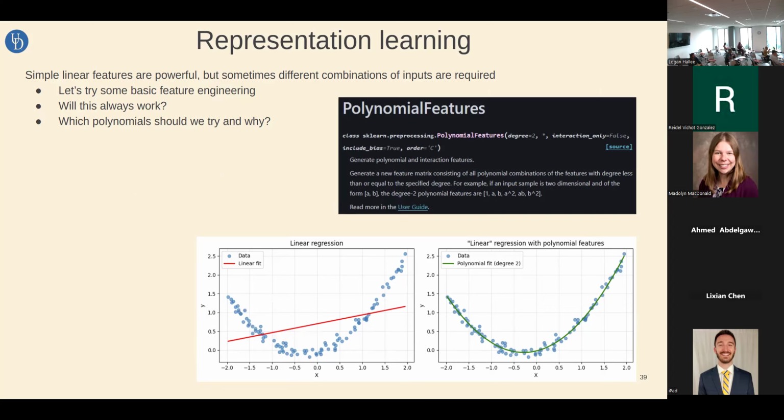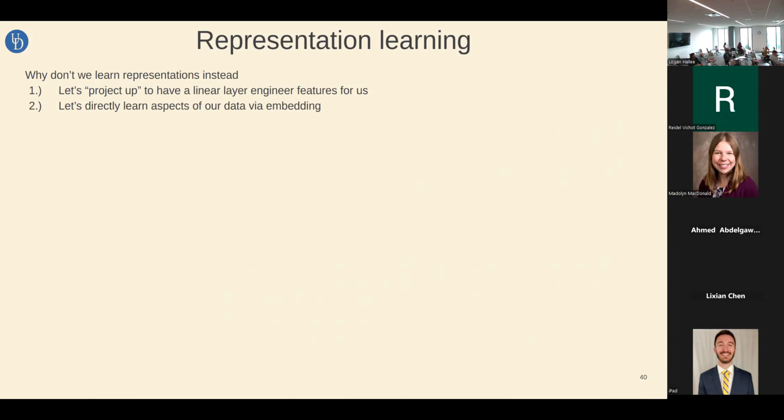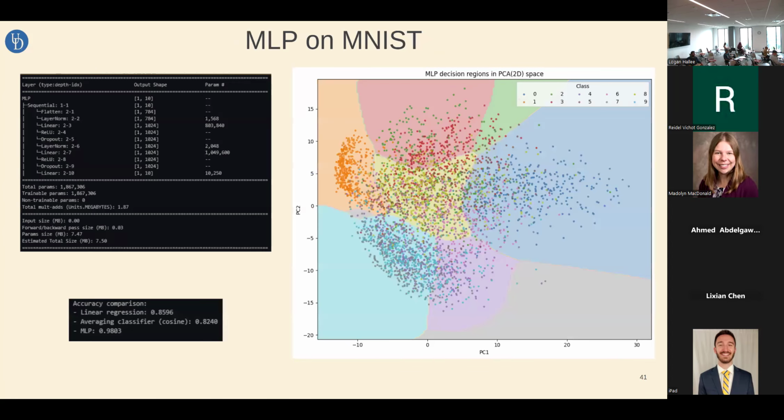The point is we don't know. And what's cool about the optimization process and projecting up with neural networks is they can find these types of combinations that are important. I guess that's the point here with representation learning. But also we're going to talk about token embedding, which is a direct way to literally learn all the features of our input, but we'll talk about that in a bit. Again, either project up or directly learn via embedding process.